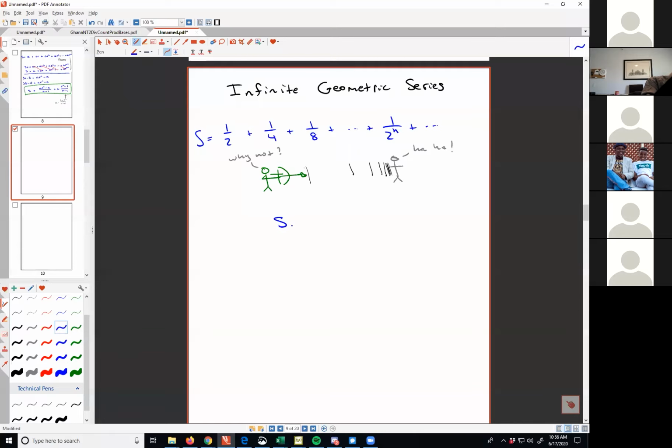We can say the first partial sum is 1/2, and the second partial sum is 1/2 plus 1/4, which is 3/4. What's the third partial sum? 3/8. More than 3/8. We're already up to 3/4 in the second partial sum, and it's bigger than that.